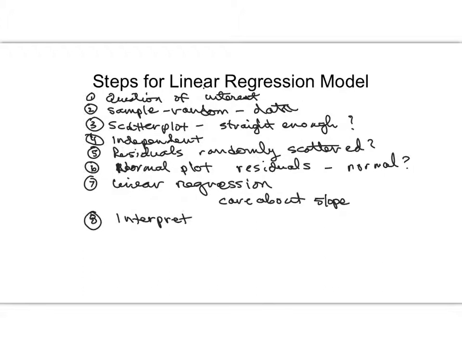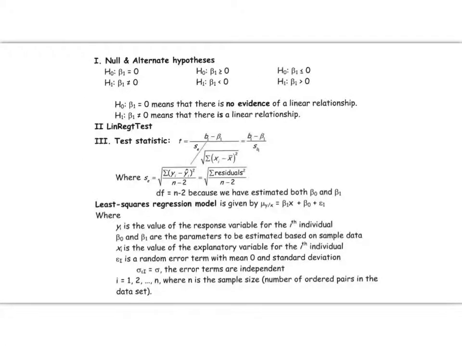So that's what we're going to focus on now, is doing a hypothesis test on the slope. So our null hypothesis is that our slope B1 is the population slope. We're saying that it's equal to 0. If there is no slope, then there is no linear correlation.